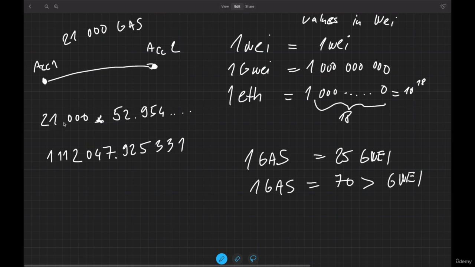Because we have 21,000 gas multiplied by this GWei, and I want to transform it into ether. I need to go 9 spaces to the left, because one ETH is 10 to the 9th GWei.